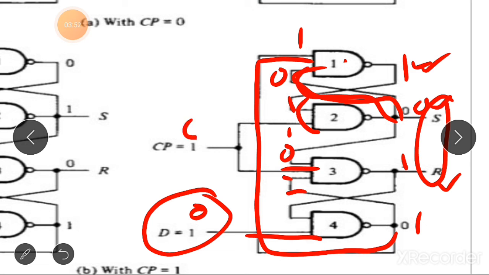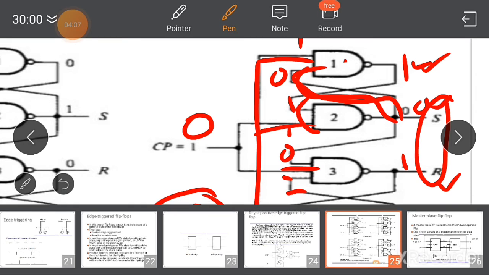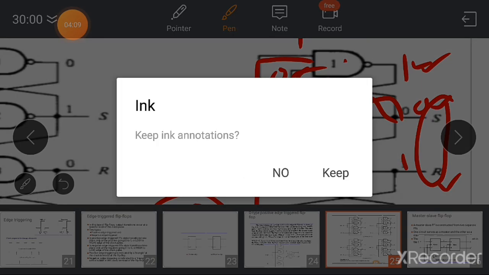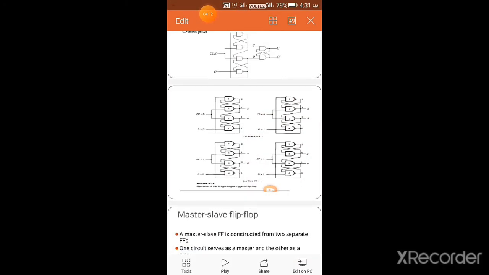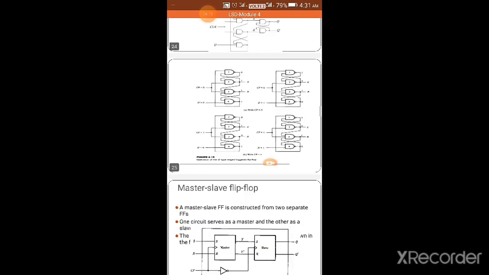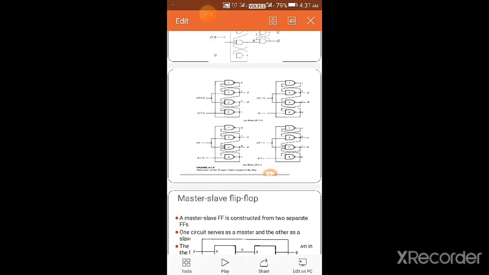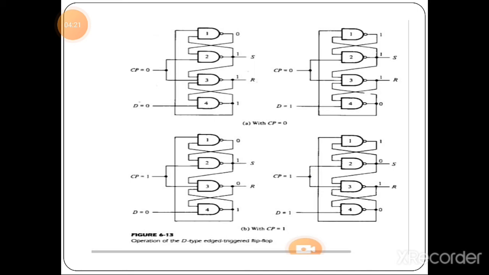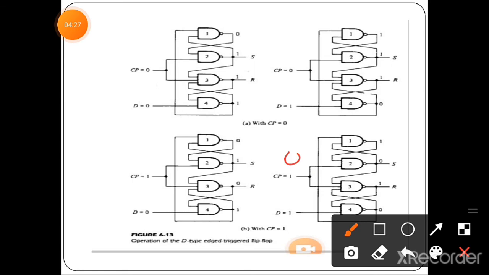When CP changes to 0, then both S and R, to prevent the output from undergoing any changes, become 1 1. If CP is changed to 0, then these both input values become 1 1, S and R equal to 1 1.